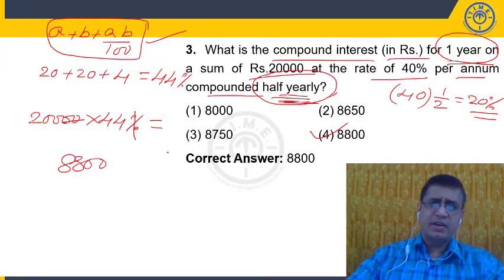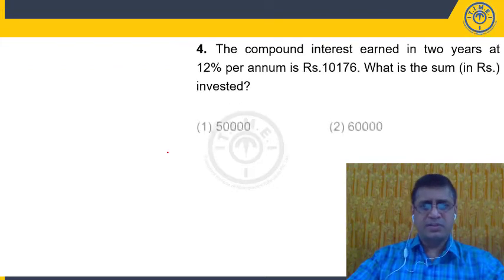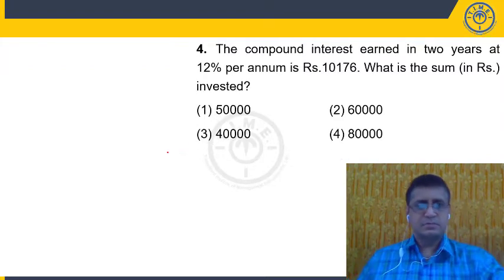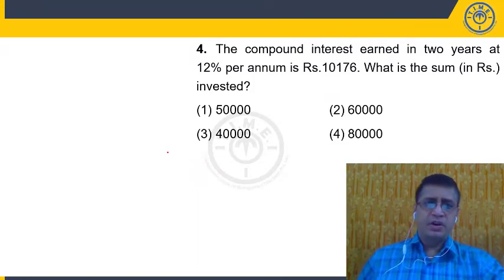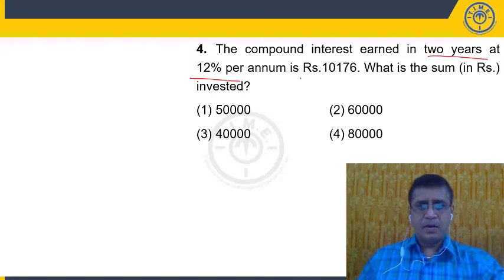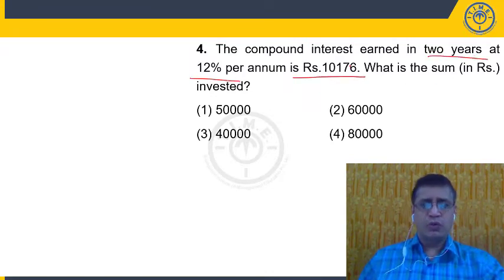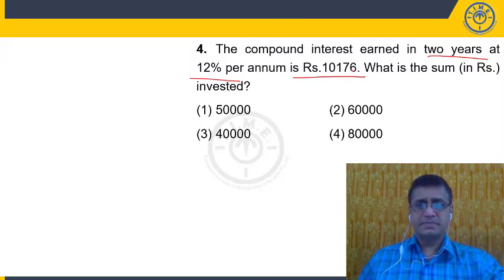Okay, now look at the next one, question number 4 on your screen. The compound interest earned in 2 years at 12% per annum is rupees 10,176. What is the sum invested?